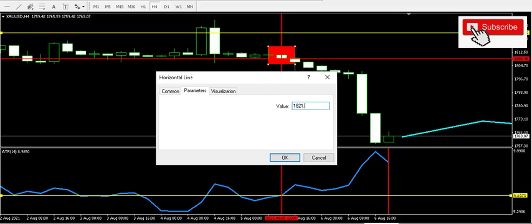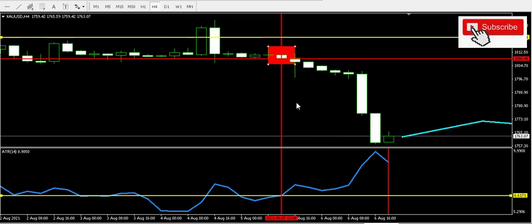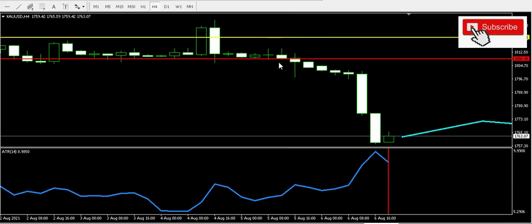Let me get it again: 1821.31. That's the stop loss. So if you are to place a sell trade for this candle, your stop loss will be here using the ATR value.